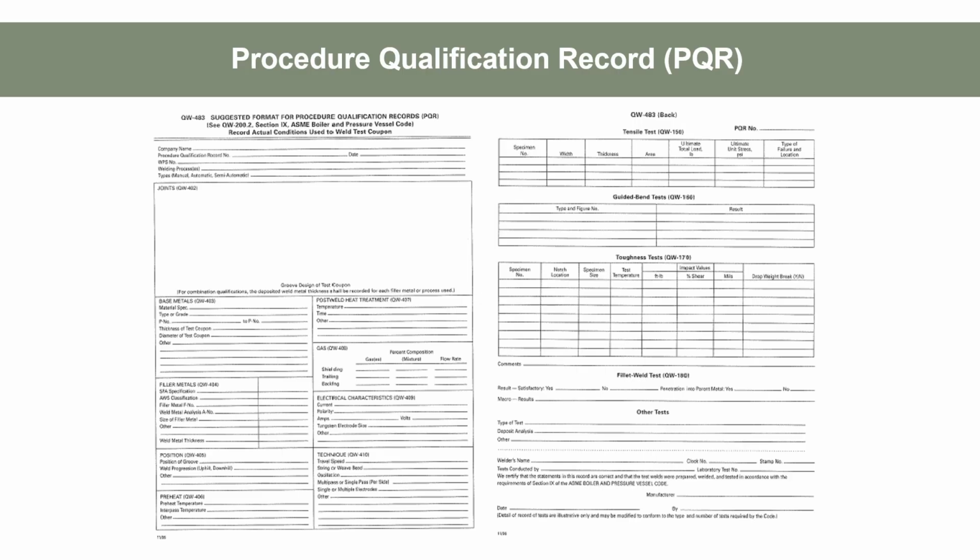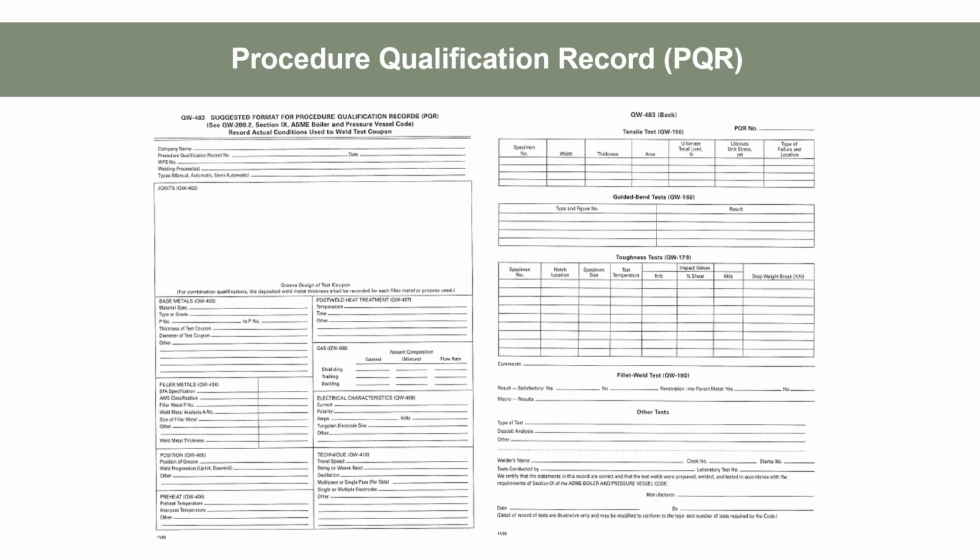And then on that left-hand page, that's where we're going to record all of our variables that are essential variables. We're going to list all of that. It might be a range. It might be a single number. We might have done something at 12.4 volts, or we might have done something at 12.1 to 13.4.